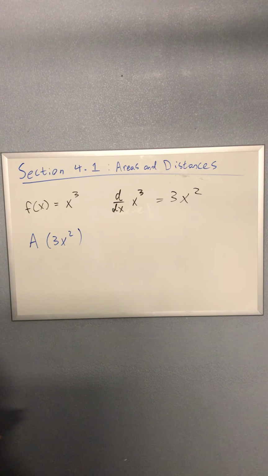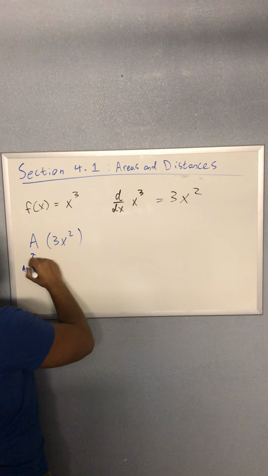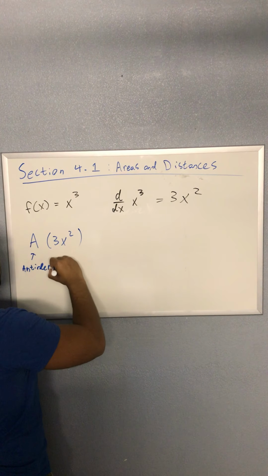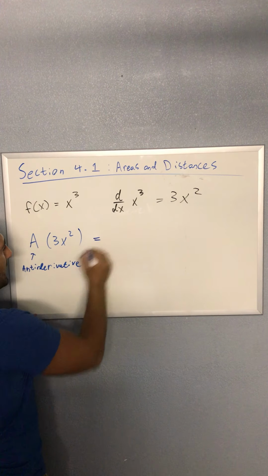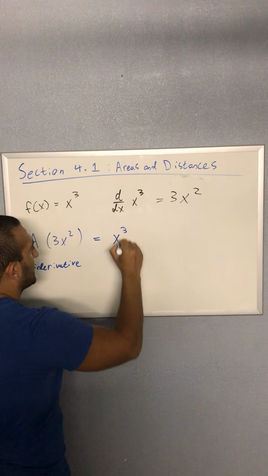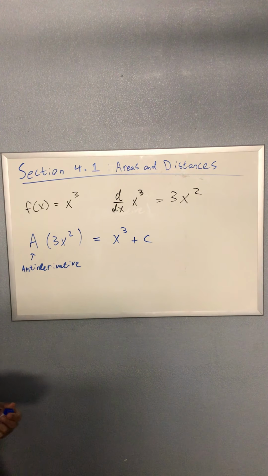I'm just using this to mean antiderivative for now. This actually ended up being x cubed plus some constant c that we didn't know.